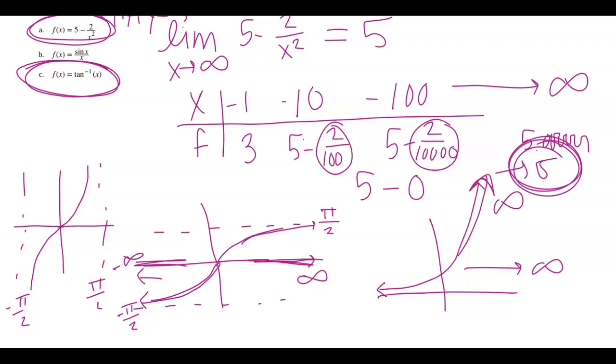They don't go to a number. But if I evaluate the left-hand side, I see that I do have a horizontal asymptote. It gets really close to 0 as x gets really big in the negative direction. So we might have one horizontal asymptote. We might have none. Not all functions have horizontal asymptotes. Some of them go to infinity, but we might have one. We might have two, like in this example.